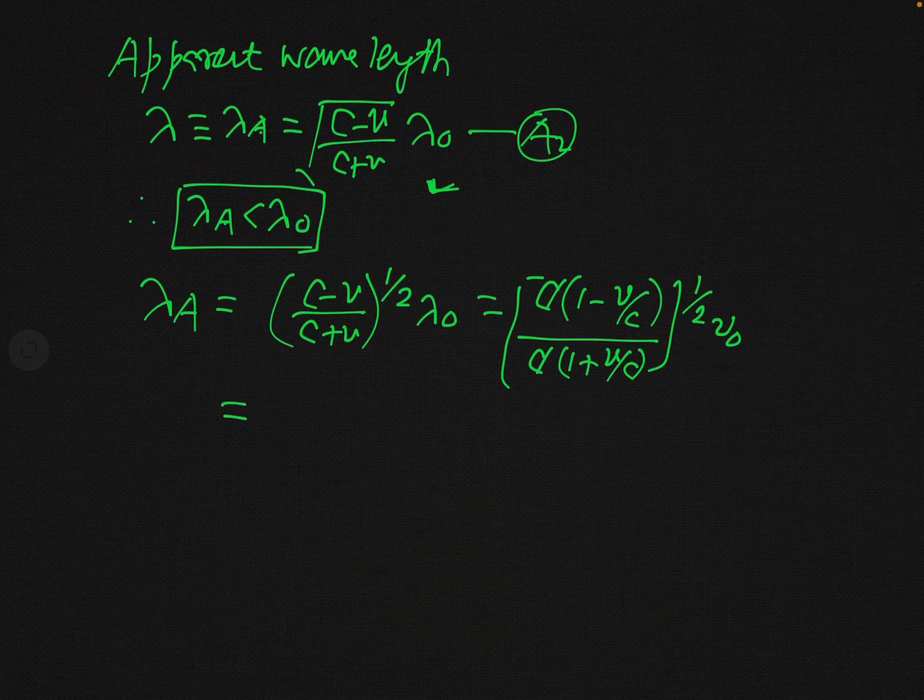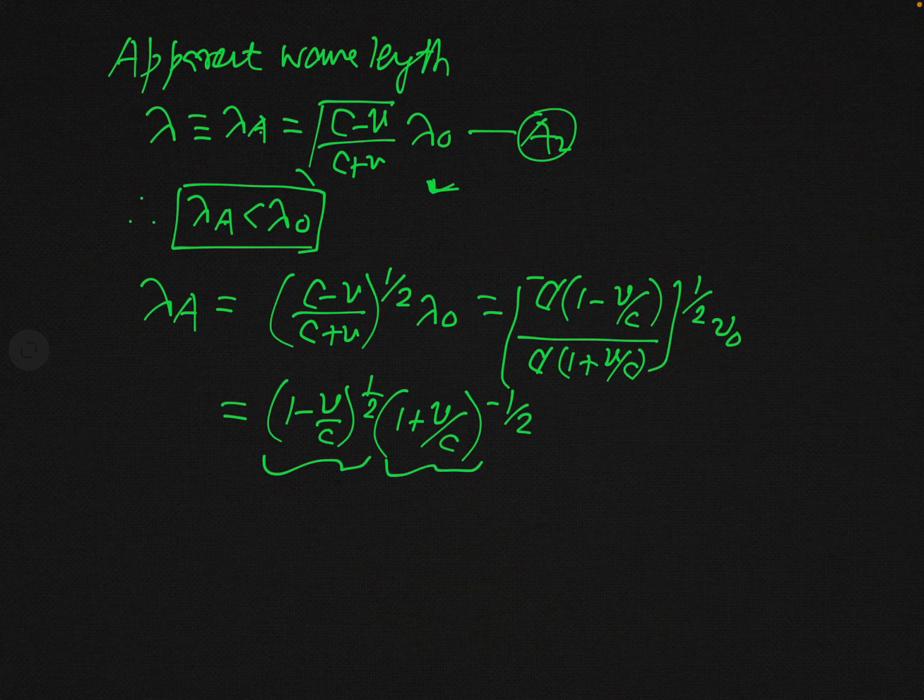Now you can see that this c will cancel out and our result will be 1 minus v over c to the power half into 1 plus v by c to the power minus half.